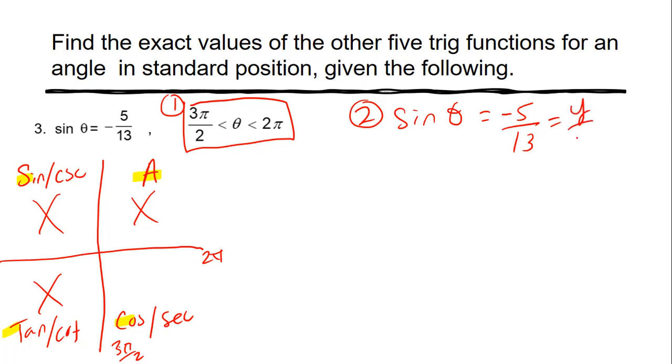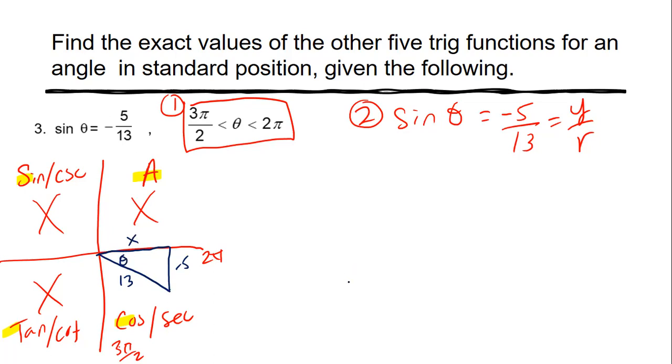This ratio tells me that my y is -5 and my r is 13. So when I'm drawing out my sketch, I know that my radius is 13 and my y is -5, but I'm missing my x.